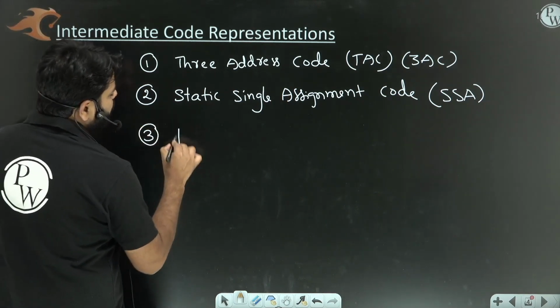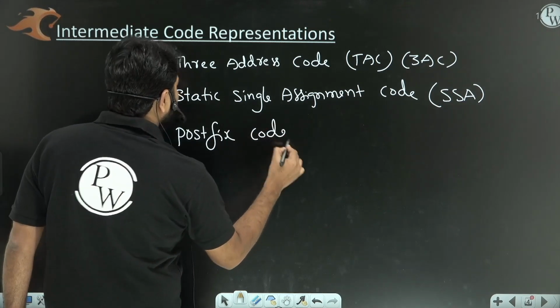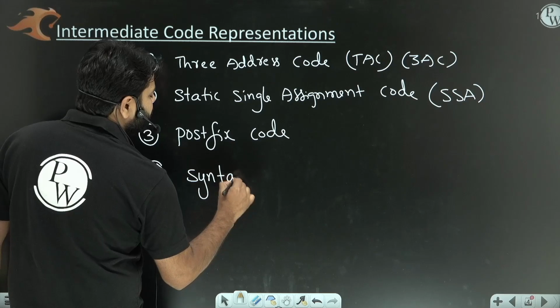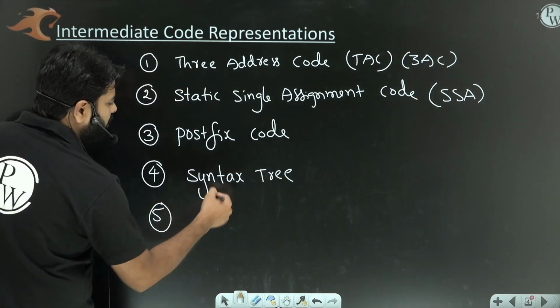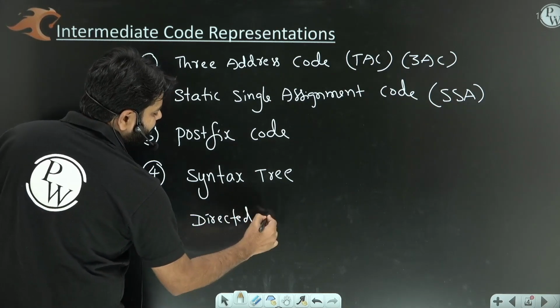Third one, you can also write postfix. Fourth one, you can draw a graph if you really want it, syntax tree. You can also draw a variation of syntax tree, the directed acyclic graph.